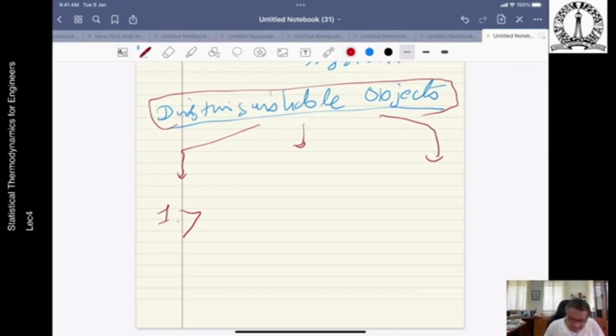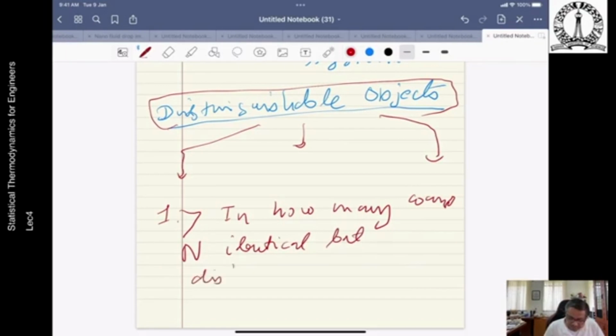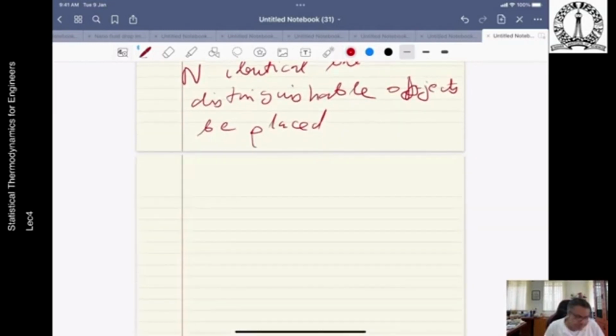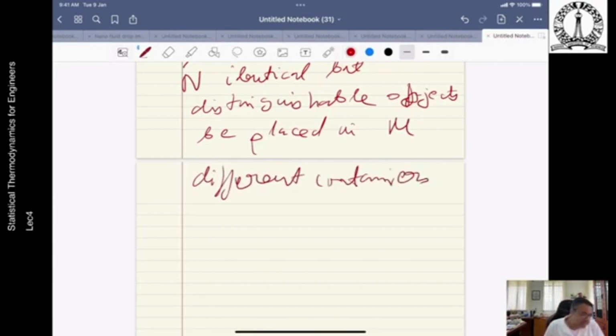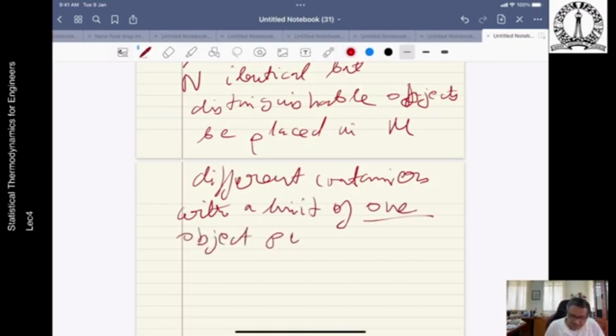Let us ask the question: in how many ways can n identical but distinguishable objects be placed in m different containers with a limit of one object per container?